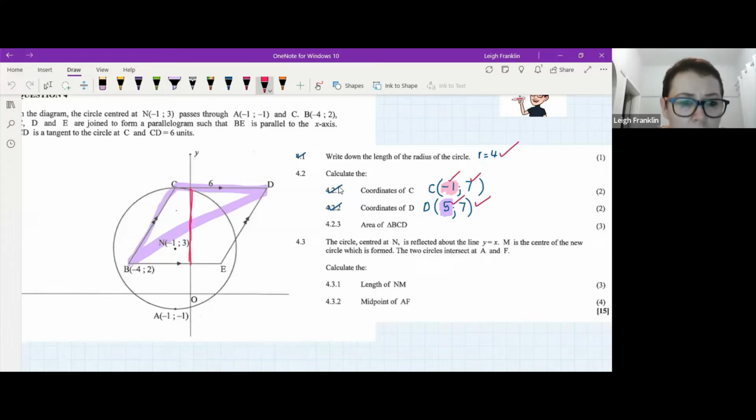This pink line, if we know the length of this pink line, then it means that we know the vertical height, the perpendicular height of triangle BCD. Does that make sense to you?